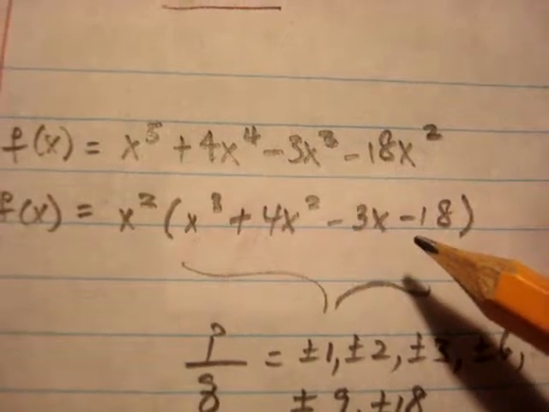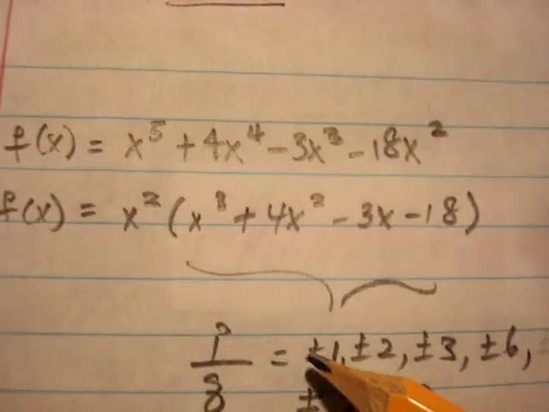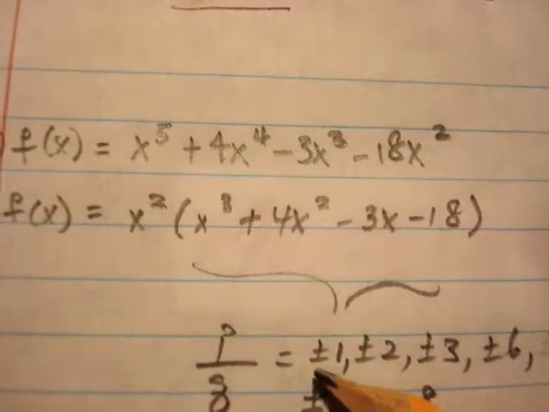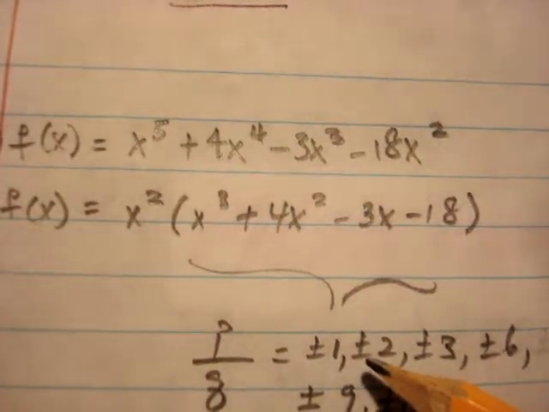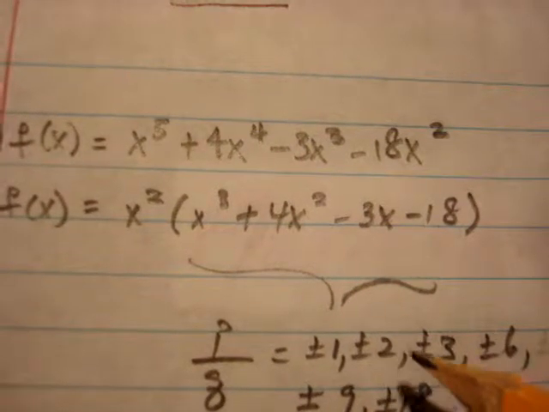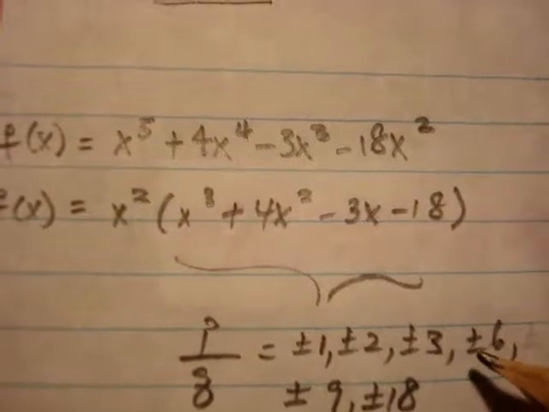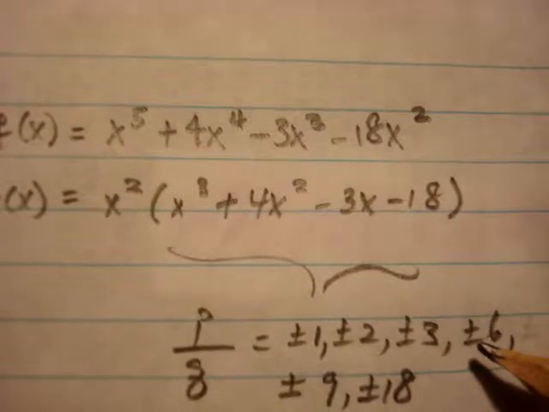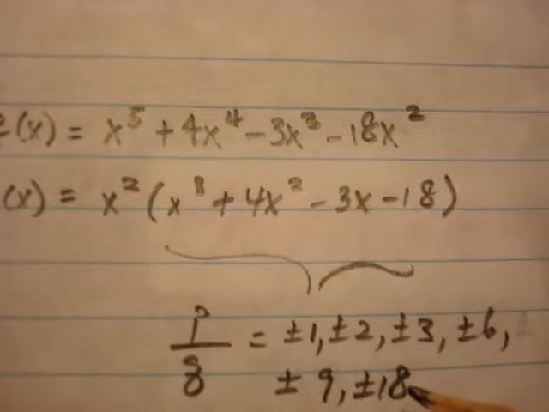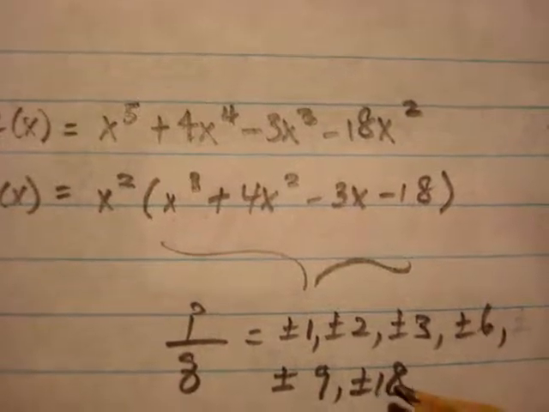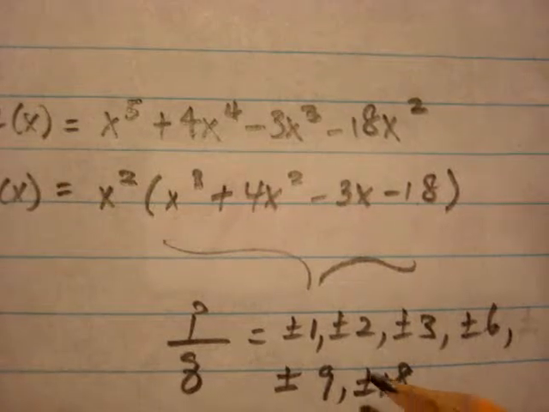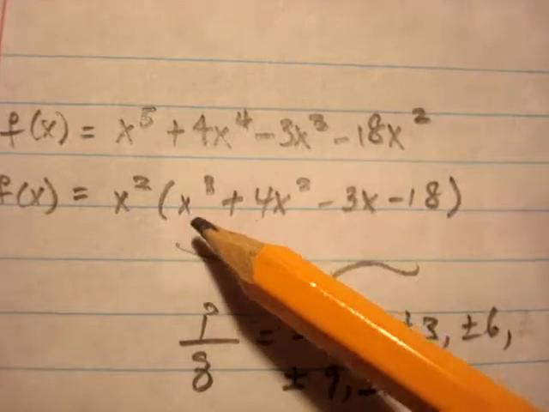What is divisible by negative 18? One of them is plus 1 and minus 1. The second is plus 2, minus 2. The third is plus 3, minus 3. The fourth is plus 6, minus 6, until you get to plus 18, minus 18, divided by the q, which is 1.